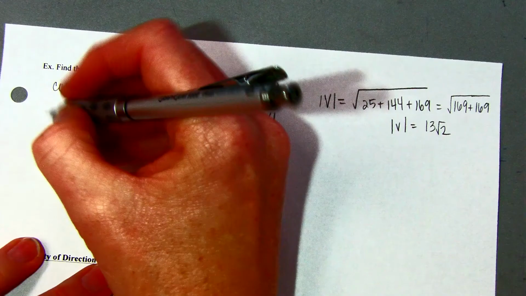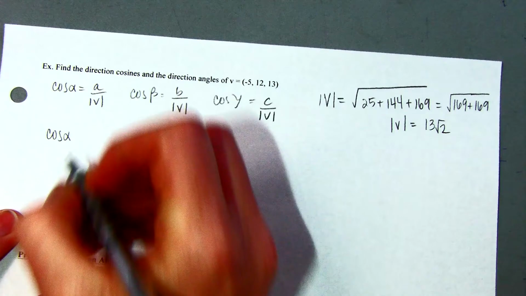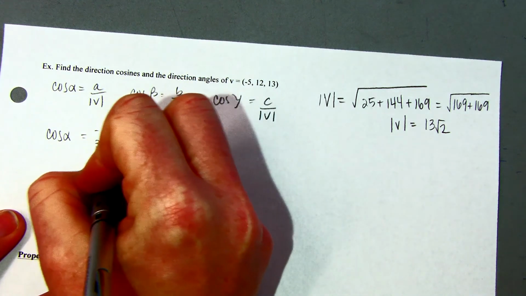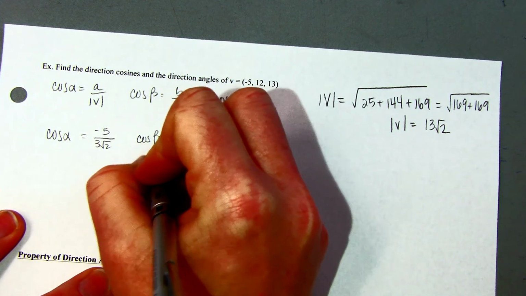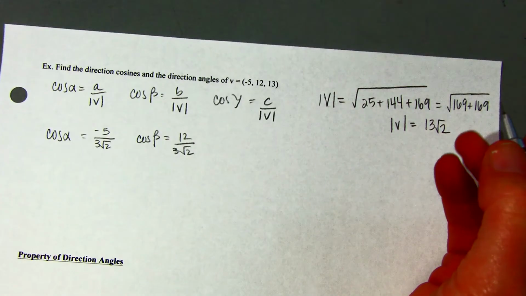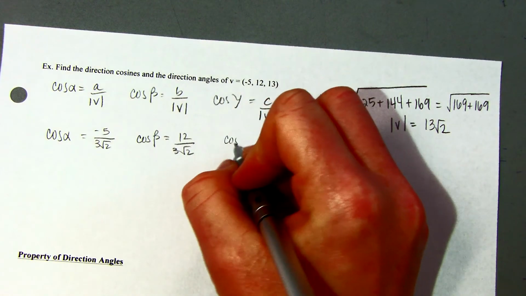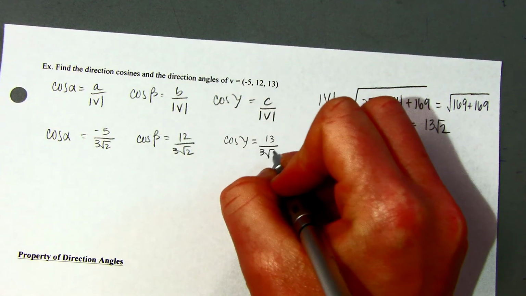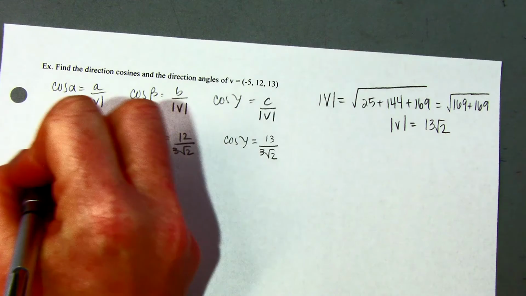Okay, so cosine alpha is going to be A, which is negative 5 over 13 root 2. And cosine beta is going to be 12 over 13 root 2. You can certainly reduce that if you'd like. And cosine gamma is 13 over 13 root 2. These are the direction cosines.